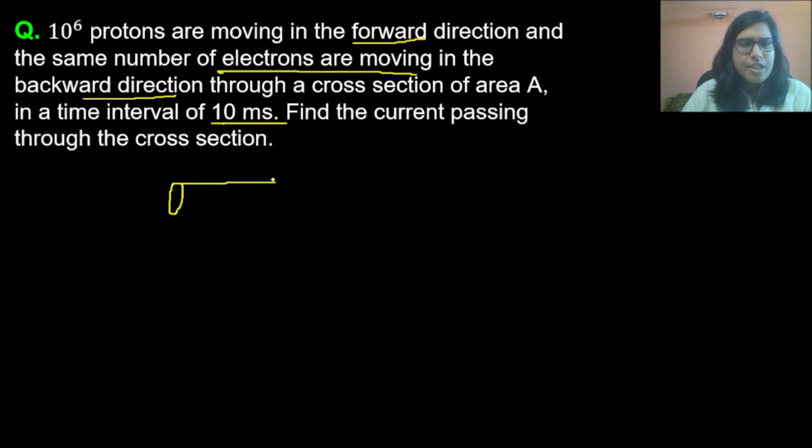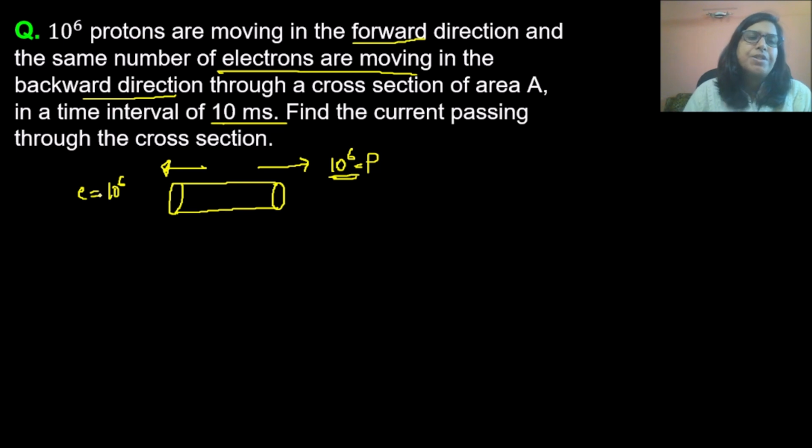Suppose this is the cross section of a wire, and in this direction 10 raised to power 6 protons are moving, and in the opposite direction 10 raised to power 6 electrons are moving.